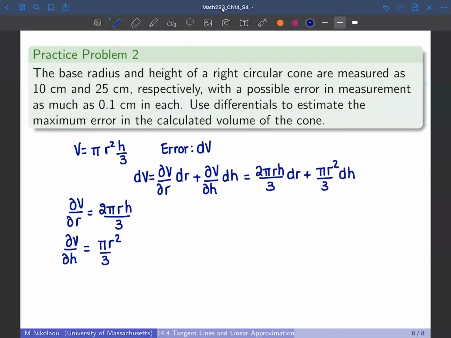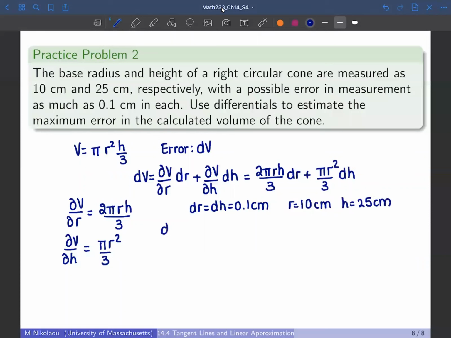And we're given that dr is equal to dh, and this is equal to 0.1 centimeters, and also that the radius r is equal to 10 centimeters, and the height is equal to 25 centimeters.